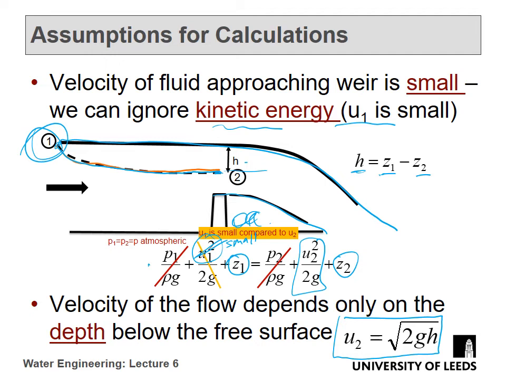Remember, we're interested in the flow. This velocity depends on how deep we go down. So if we integrate this term, we're going to be able to get an average velocity, or we can work out the area times the velocity and calculate the discharge going over the weir.